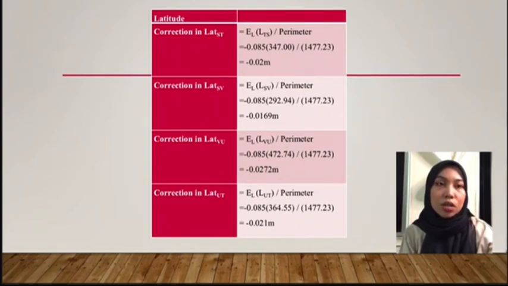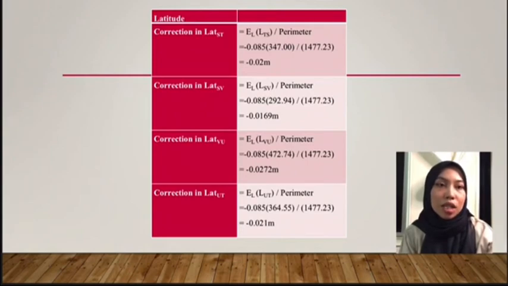Correction in latitude SV, EL times in bracket LSV per perimeter. The value of EL is 0.085. The value for LSV in bracket is 292.94 per perimeter, 1477.23, and the answer is negative 0.0169 meter.